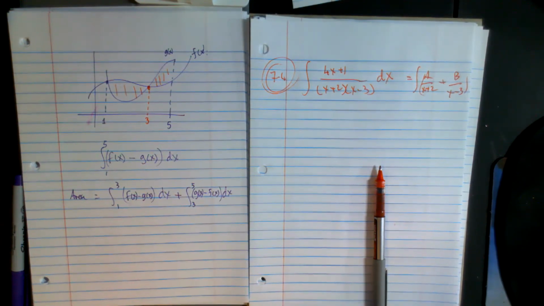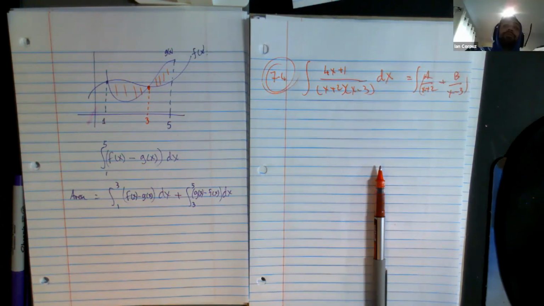You multiply all the denominators by the other ones to get the same fraction, and then you get rid of all the denominators underneath, and then you just solve for A and B.